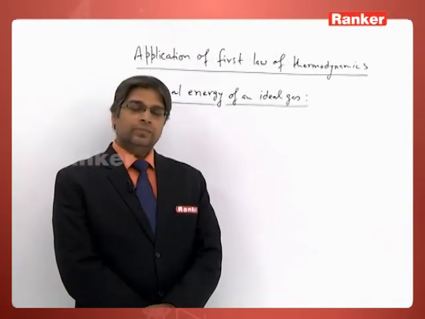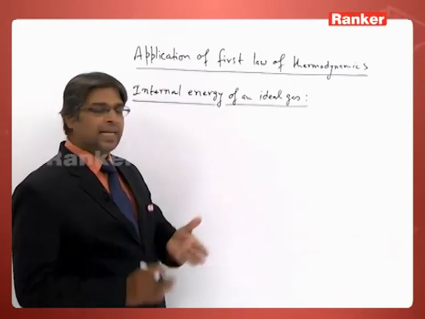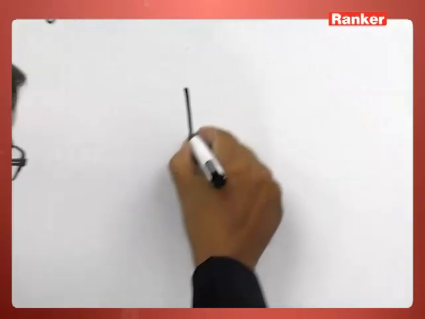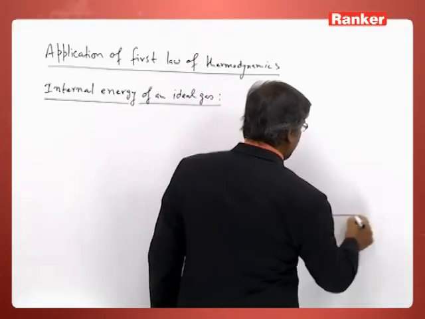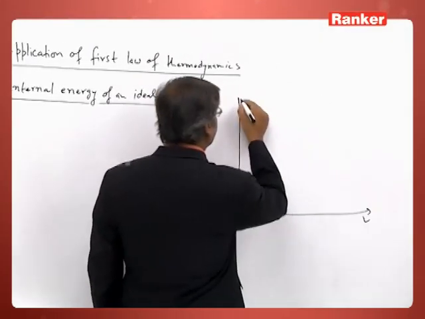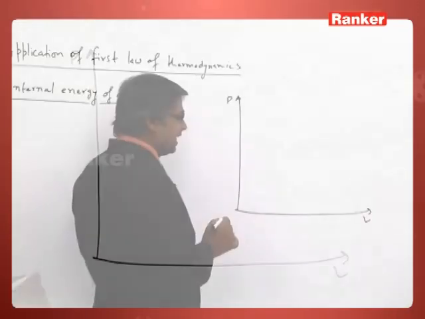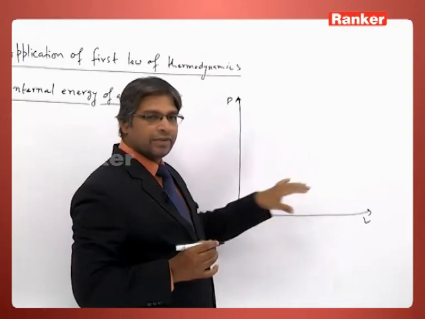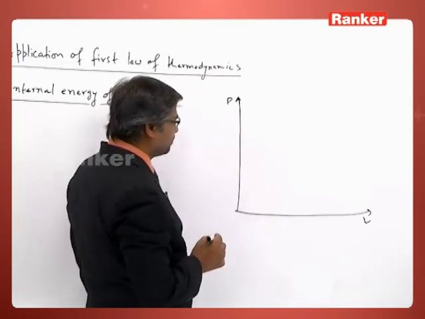So now let us see the internal energy of an ideal gas. Here, this is the PV diagram. For an ideal gas, we use the PV diagram to discuss the equation of state and all properties.